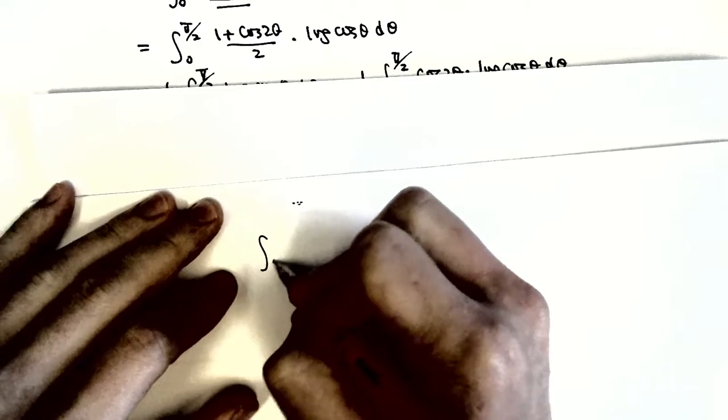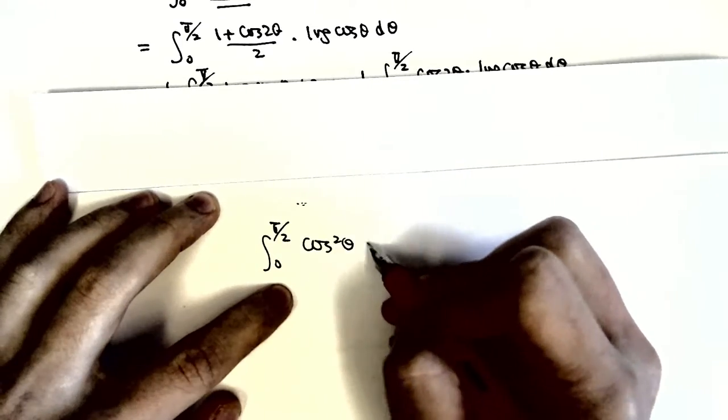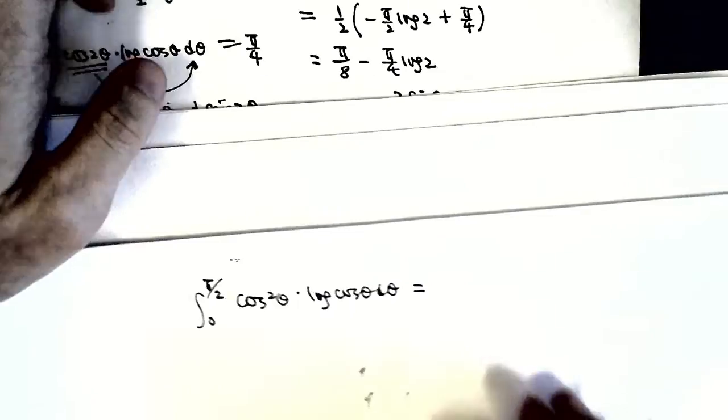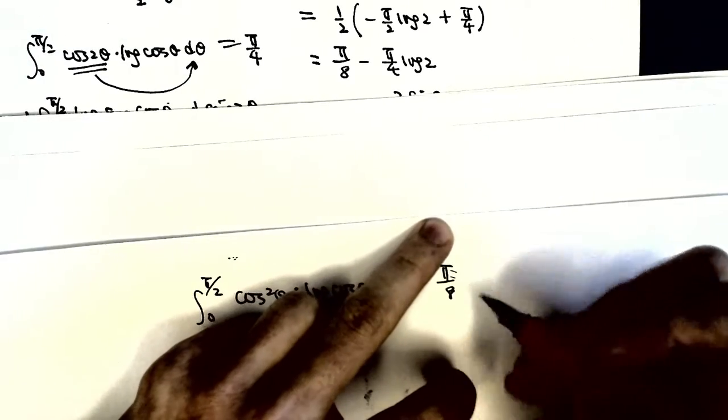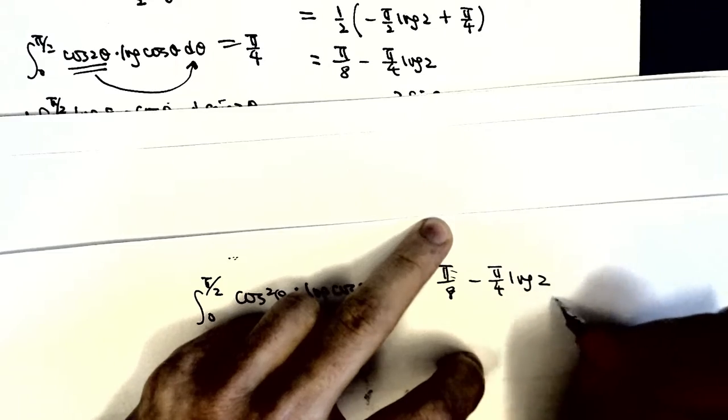So today, what we have is the integral from 0 to pi over 2 of cosine square of theta times log of cosine theta d theta. It's just pi over 8 minus pi over 4 times log 2.